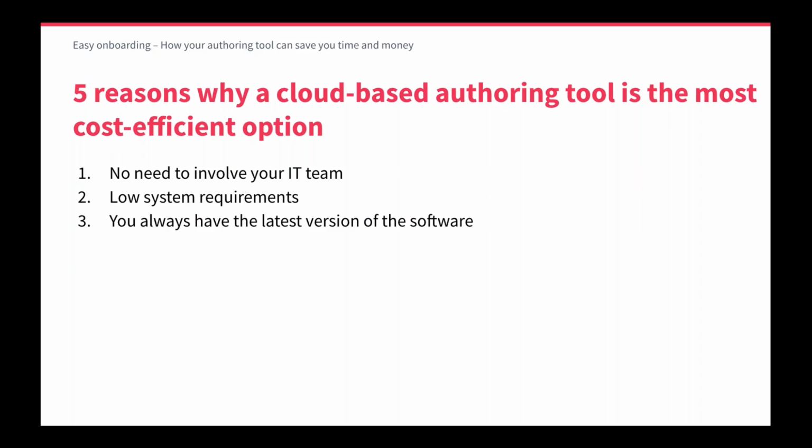A third really useful thing is with a cloud-based tool you always have the latest versions of the software. So you don't have to worry about updating. But that's not true if you've got desktop authoring tools. Imagine that you haven't used your authoring tool for a few weeks. If it's on a desktop, you'll have to start work without all the latest new features until you manually or automatically download them. And then you're unable to work at all while it's installing that whole raft of updates.